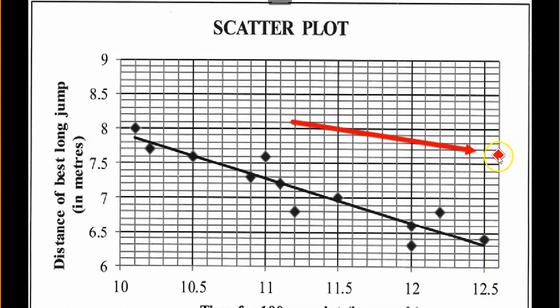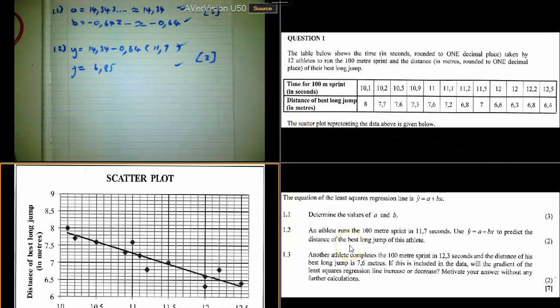This is more or less where that point will lie. So how do I conclude this? The point 12.3 and 7.6 lies above the current data. That is what you should say there: it lies above the current data.